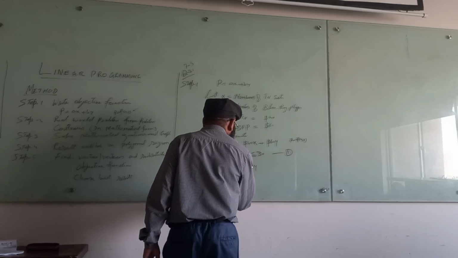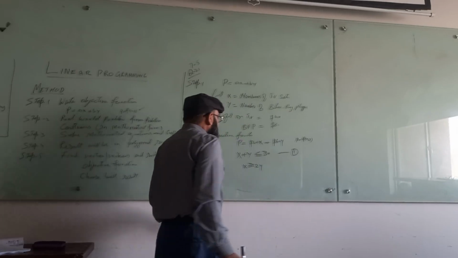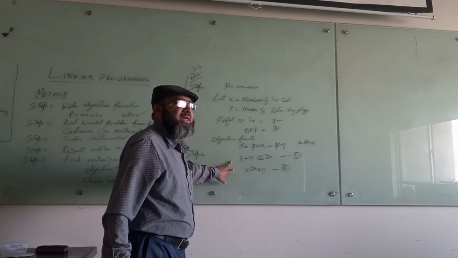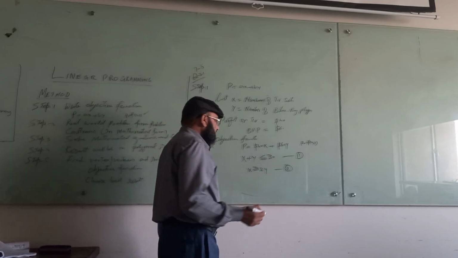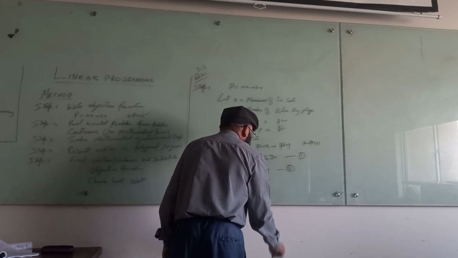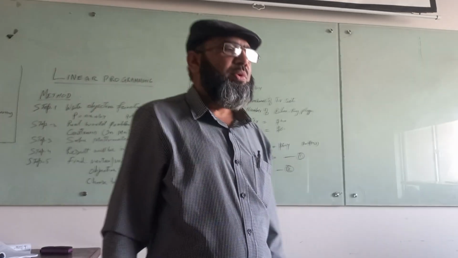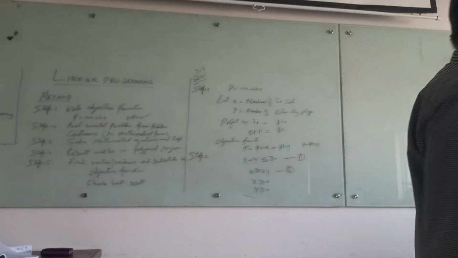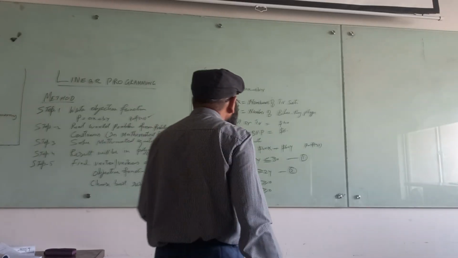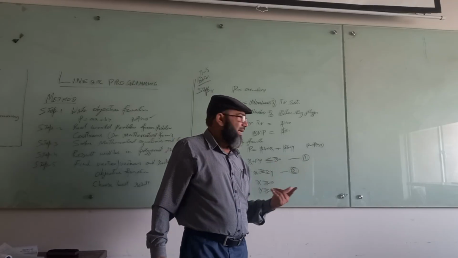So this is our problem constraint. A further additional condition is this: never negative. You can't say I have -1 TV or -1 Blu-ray player. That's why these variables will remain positive, 0 or more.